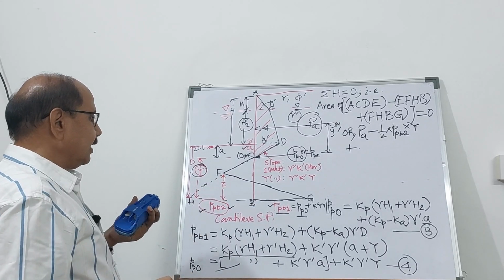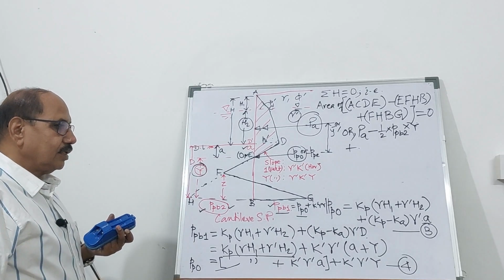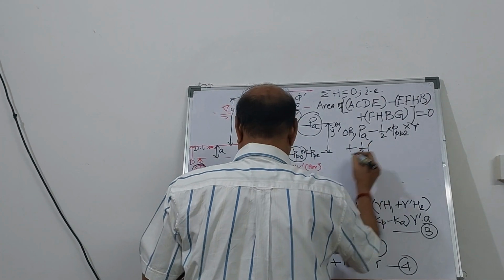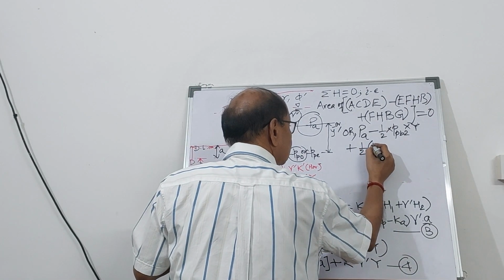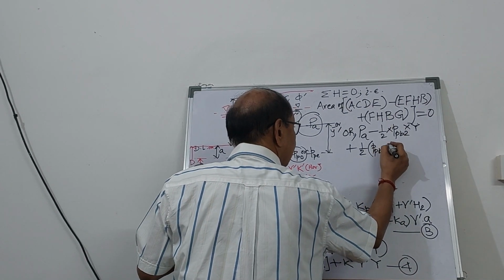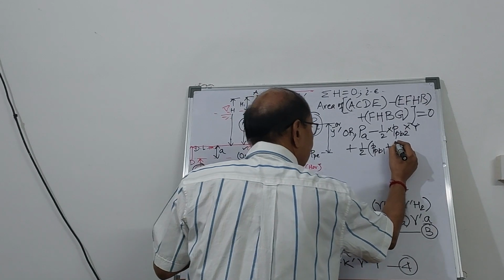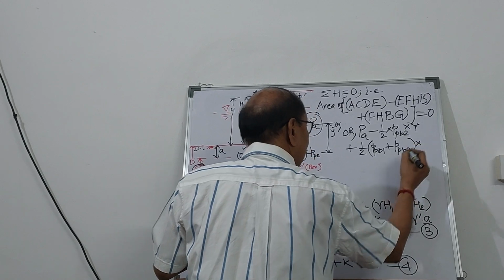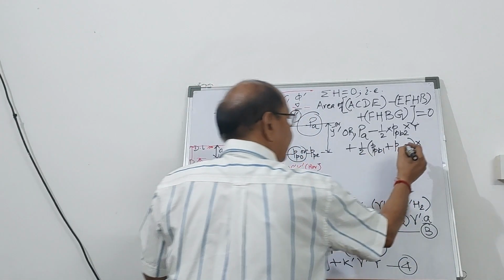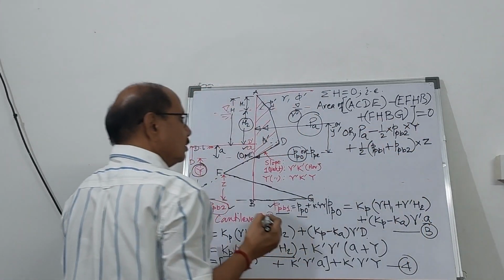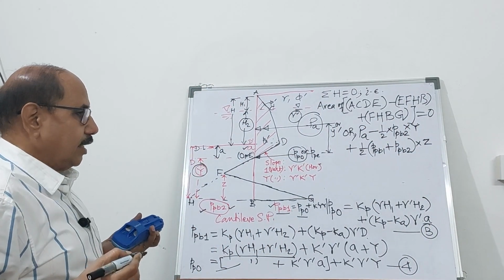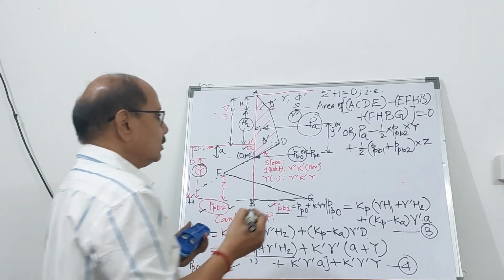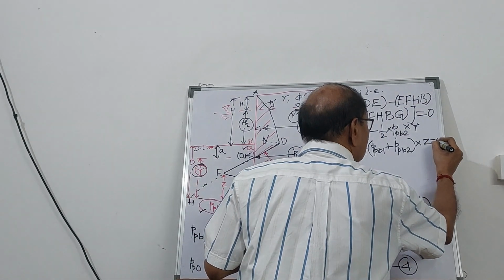So now you are adding it, and therefore this area will be half of PPB1 plus PPB2 multiplied by the apex distance. That becomes the area. So I am going to have this one equal to 0.